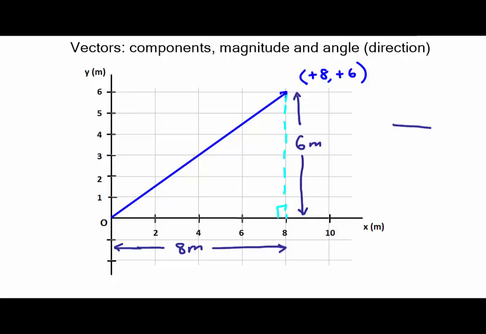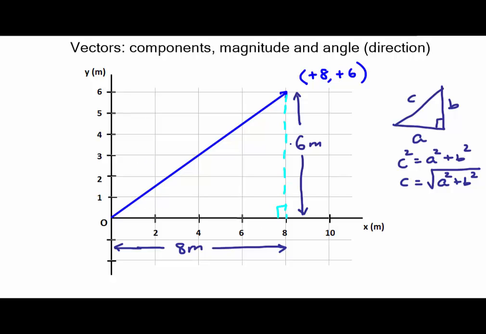You know from Pythagorean theorem that if I have a right triangle with base A and height B, and the hypotenuse that's opposite the right angle, and let's say that's C, you know that the square of the hypotenuse equals the sum of the squares of the other two sides. And so the hypotenuse itself can be written as the square root of the sum of the squares of the other two sides.